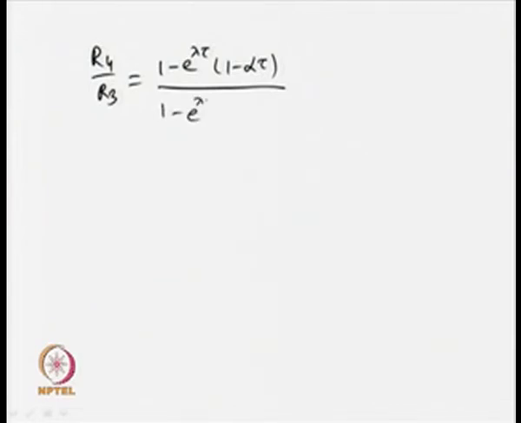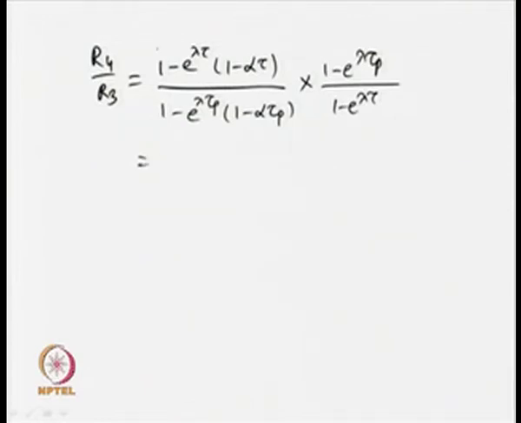So, finally, R4 by R3 can be written as 1 minus e to the power lambda tau times (1 minus alpha tau) divided by 1 minus e to the power lambda tau p times (1 minus alpha tau p) in the denominator, and further we will have the terms 1 minus e to the power lambda tau p upon 1 minus e to the power lambda tau.